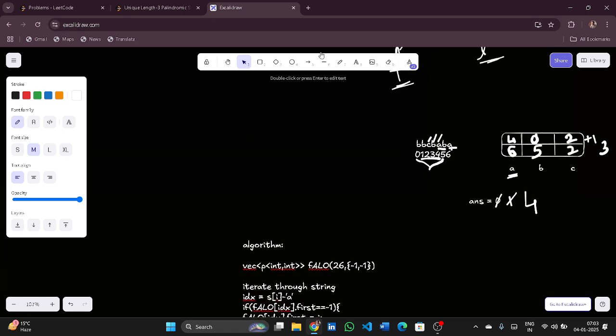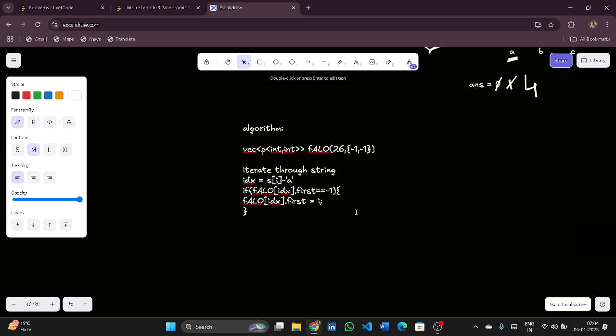I said that I'll be iterating through the characters, and if I get that character, I'll be changing the last occurrence. So FALO of index dot second, that means the last occurrence will be i, and I'll be returning this answer.